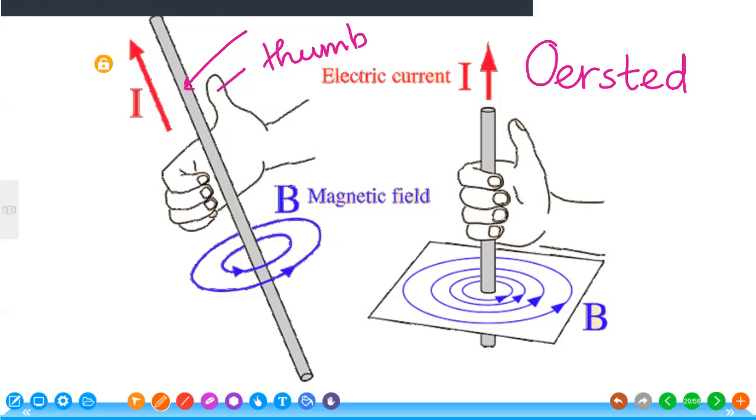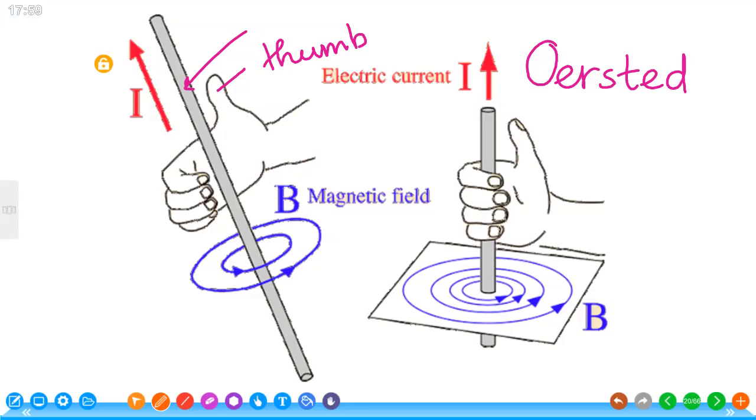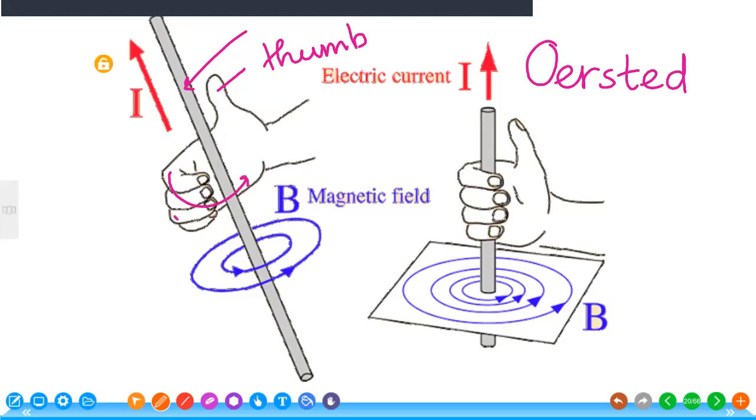Now, for that, you have to hold the current carrying conductor, or if you just use a pen for that, you have to hold the pen in the same way. Then you can understand that when the thumb is directed to the direction of current, the four fingers here now are arranged in a direction like that. Therefore, this is the direction of the magnetic field lines.